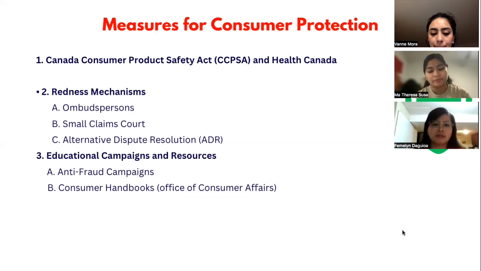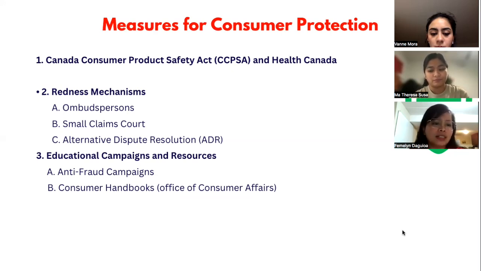The Competition Bureau and the Royal Canadian Mounted Police, or RCMP, lead these campaigns to help people recognize and avoid fraudulent activities. For example, a campaign warning about phishing emails that pretend to be from a bank asking for your personal information.